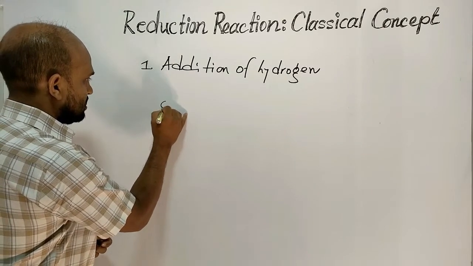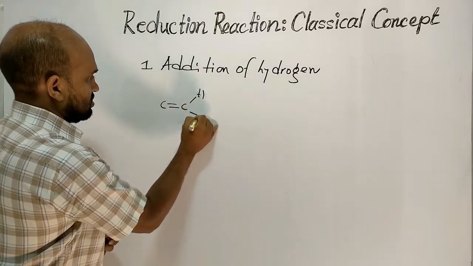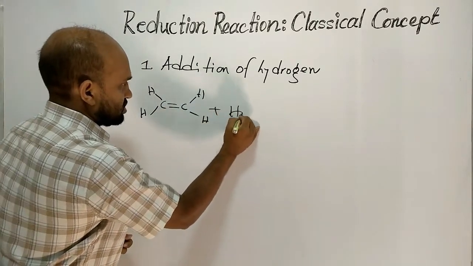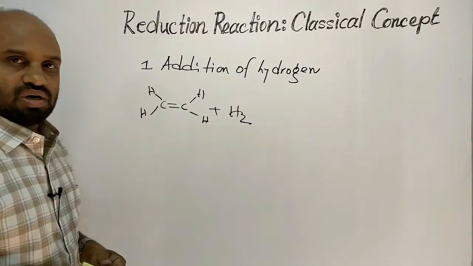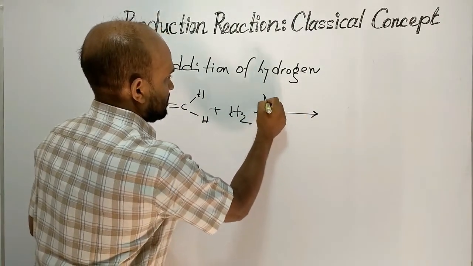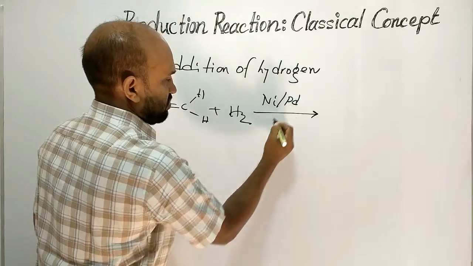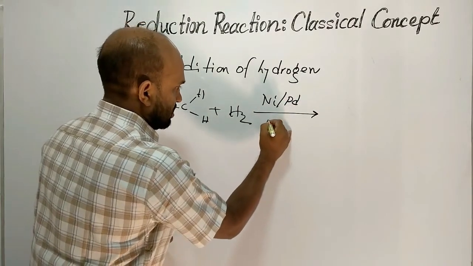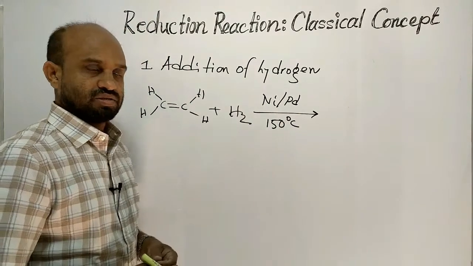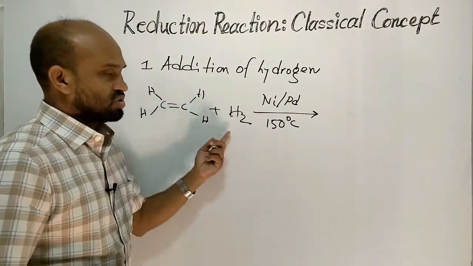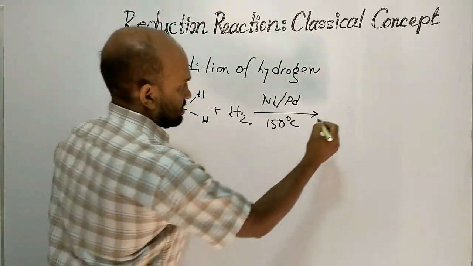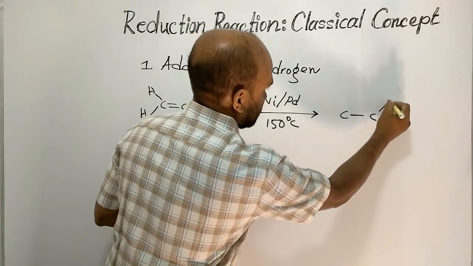When ethene and hydrogen are mixed together in presence of nickel or palladium catalyst at the temperature 150 degrees Celsius, then these two compounds combine and ethane is formed.